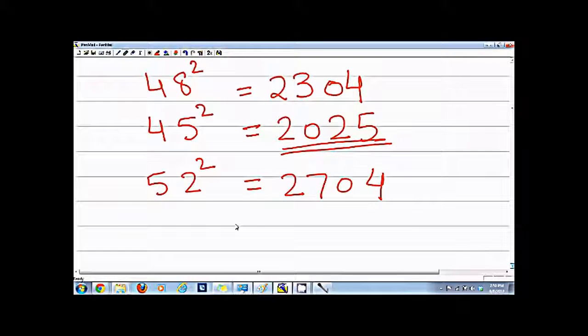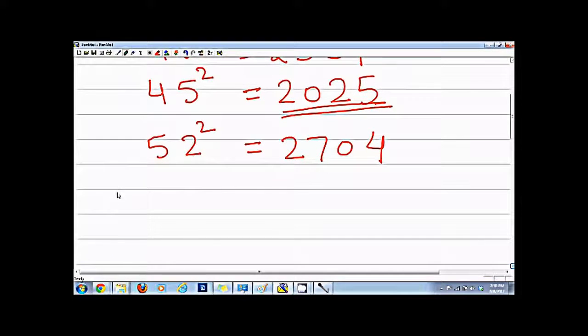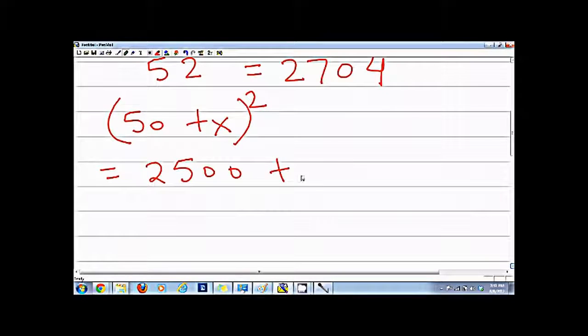So for example, if I have a number which is close to 50, so we have 50 plus x and we take square, so 50 plus x square will be equal to 2500 plus 100x and plus x square.